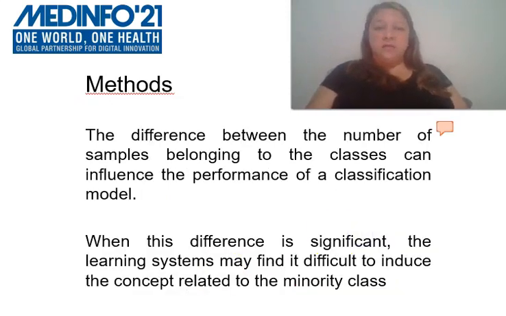The difference between the numbers of samples belonging to each class can influence the performance of the classification model. When this difference is significant, the learning system may find it too difficult to induce the concept related to the minority class.